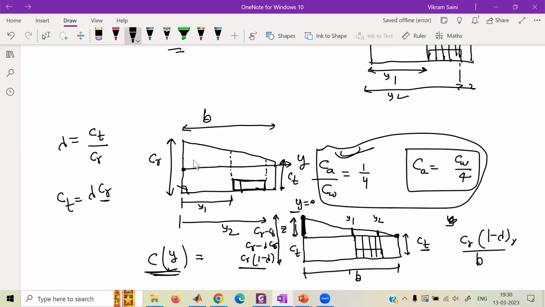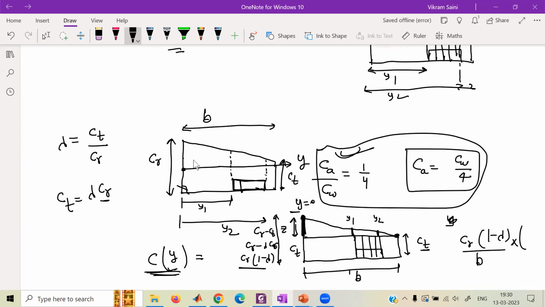This line is represented as z equal to m y plus c. So we have 2 points.